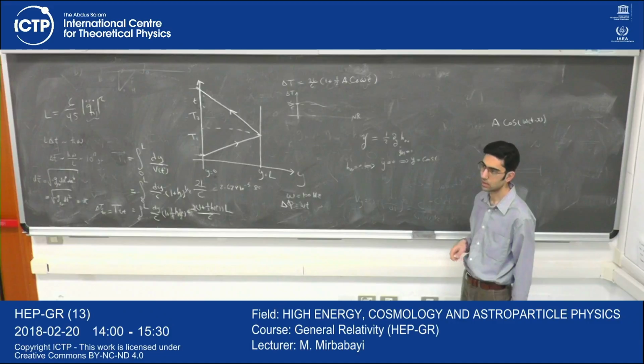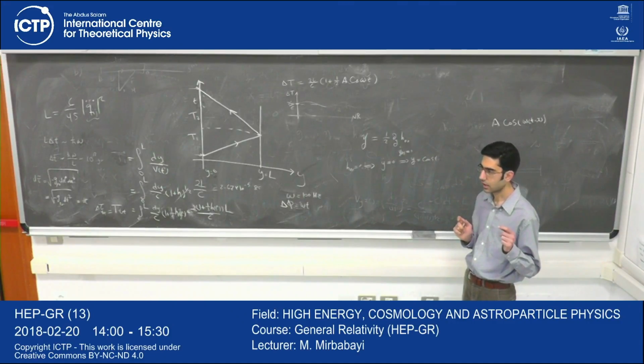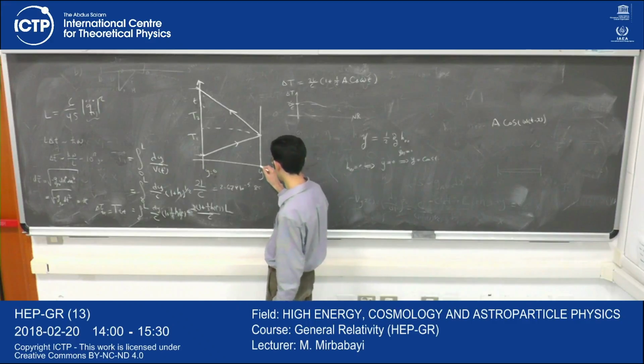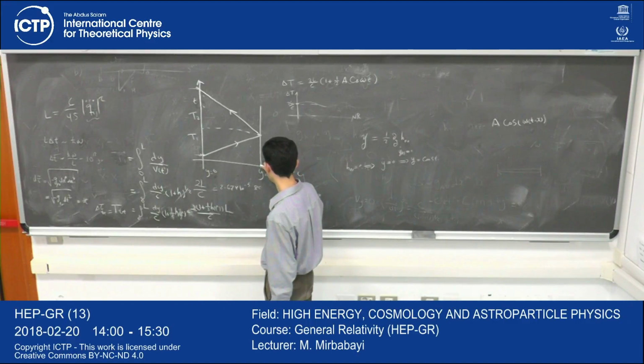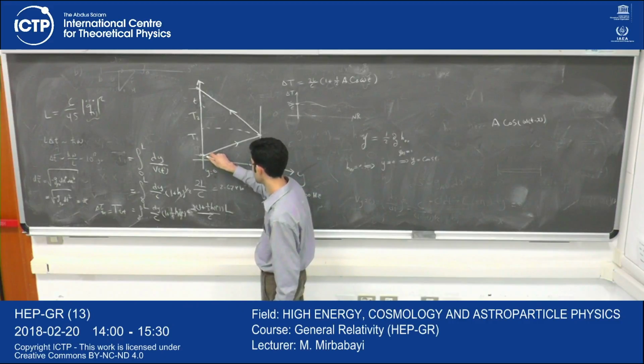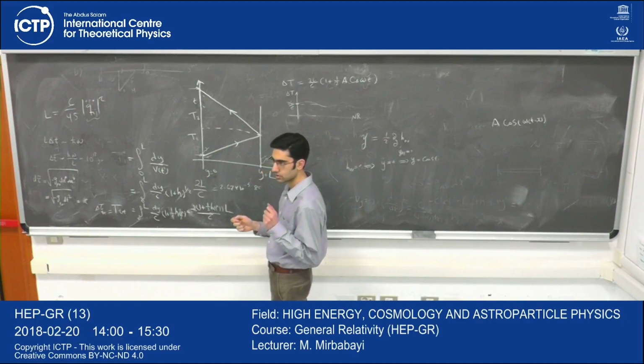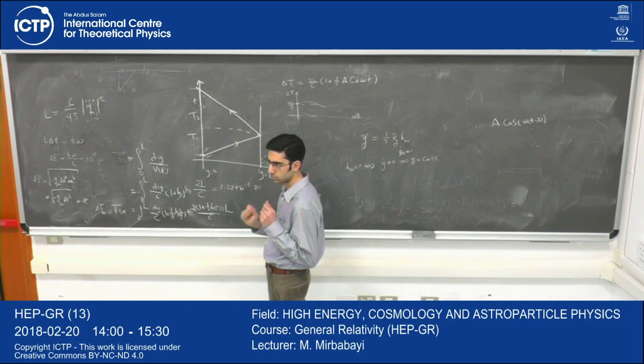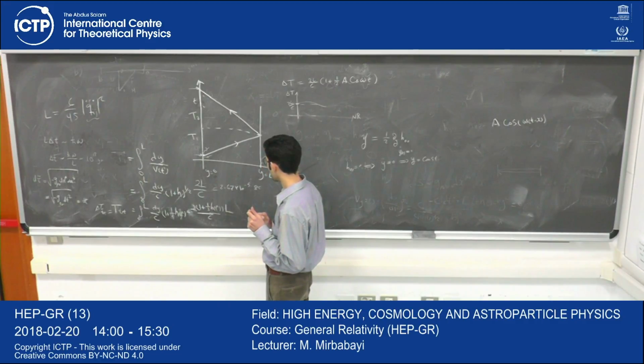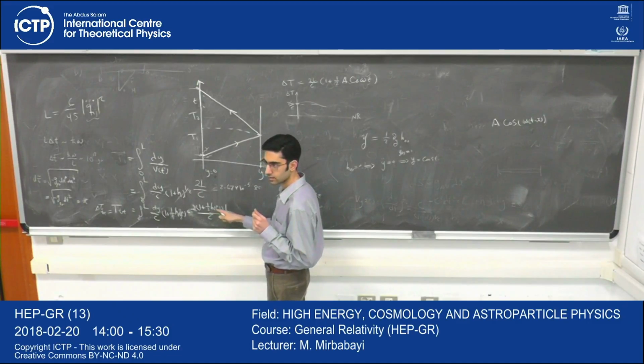Say they send two photons, or keep sending photons, and then see the arrival time of these two photons. Then it will change because of this calculation.